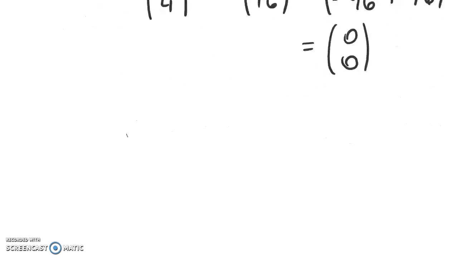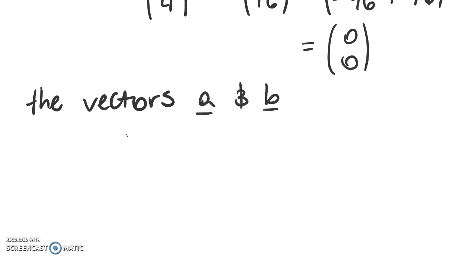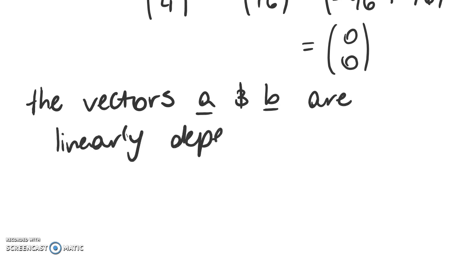Now, because there is a way that we can get non-trivial solutions to the linear combination adding to 0, we can say the vectors a and b are linearly dependent. I'll do another video where I talk about an example where we end up with linearly independent vectors, but that's it for now.